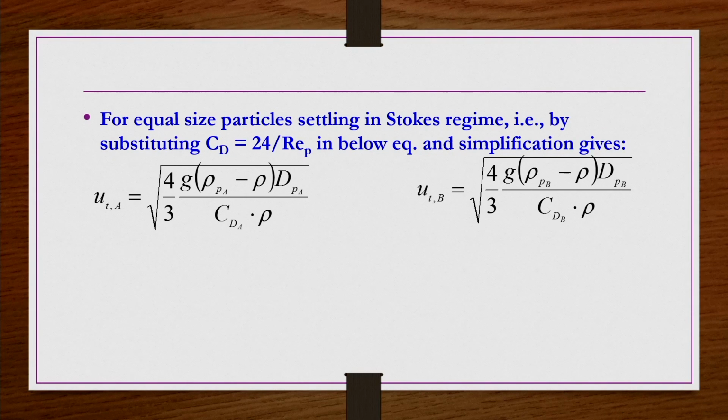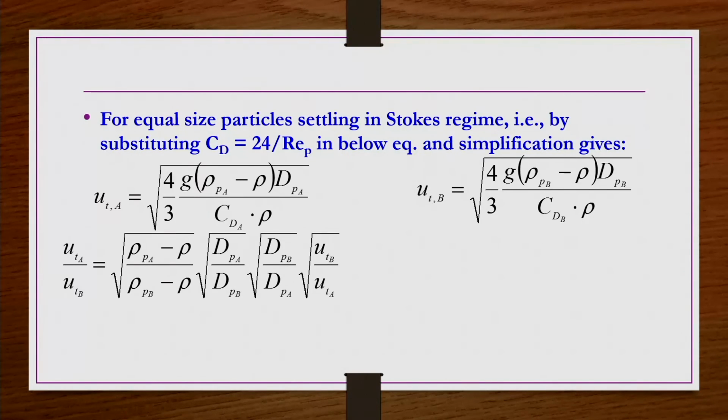Okay. Now, the Stokes flow regime for equal size particles settling in the Stokes regime: by substituting CD equals 24 by REP in the equation below and simplifying, we get the following. Here we take UTA by UTB. So, (rho PA minus rho) divided by (rho PB minus rho) would be as it is, and dPA by dPB would be as it is, and then the square root of CdB by CdA will come here.